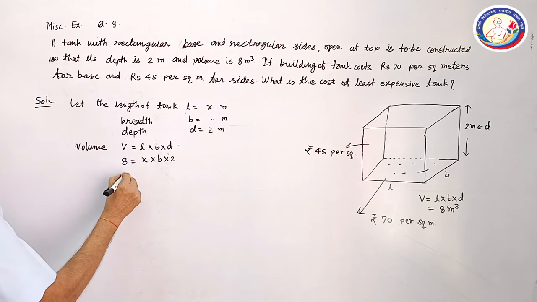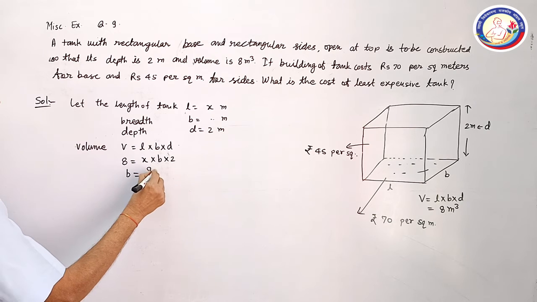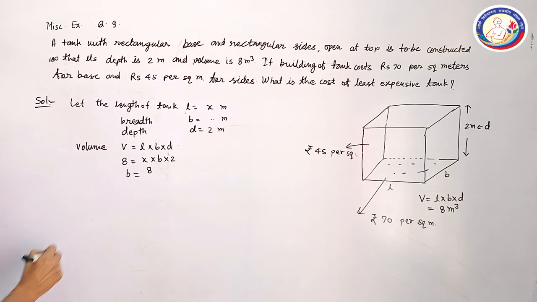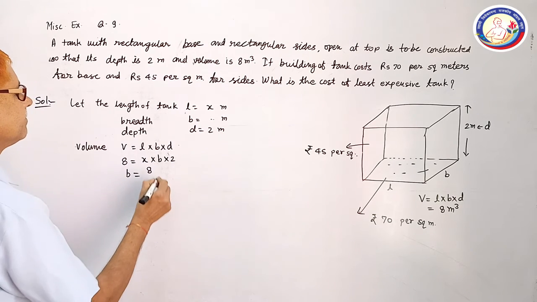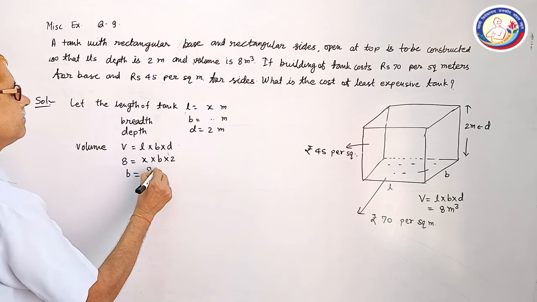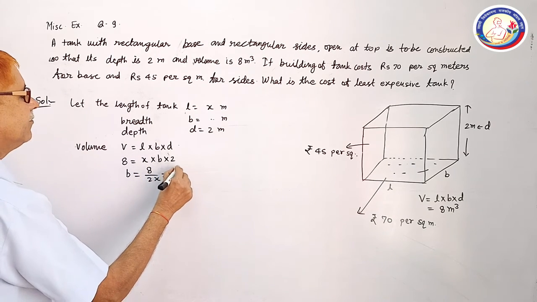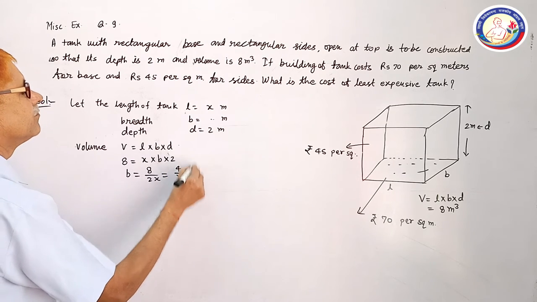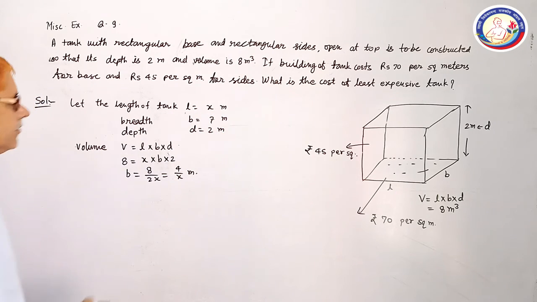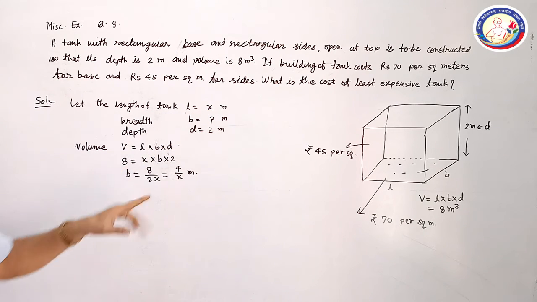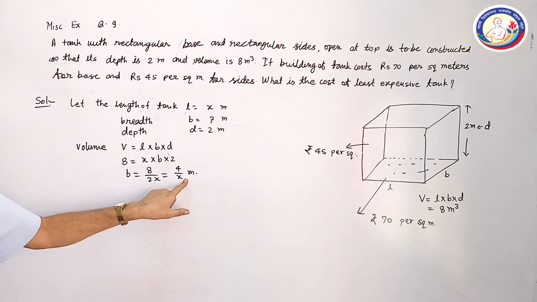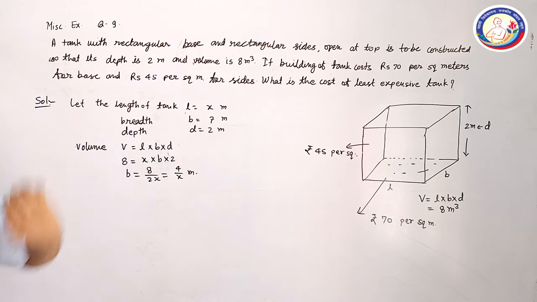So B will be 8 by 2x, that is 4 by x meters. So the tank is with side length x, breadth 4 by x meter, and depth is given 2.